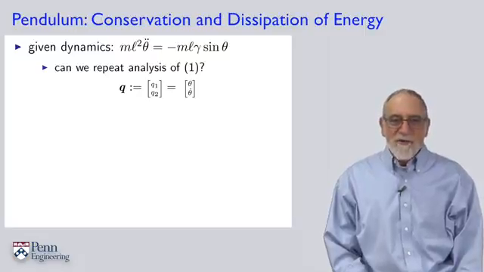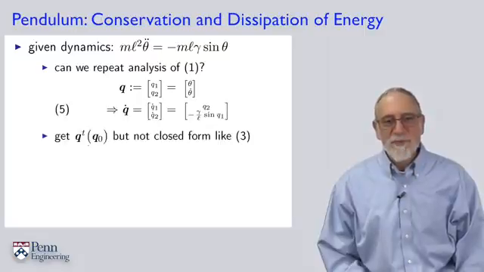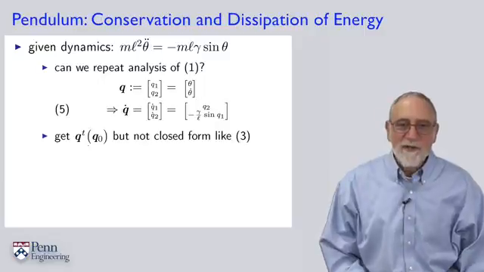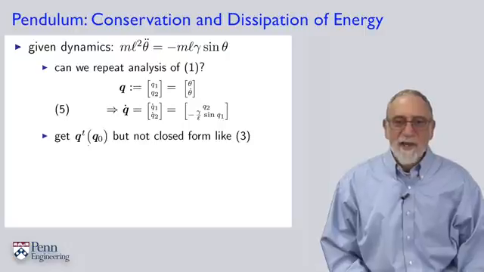We can write down a first-order differential equation in Q the same way that we wrote down the first-order differential equation in x in the previous segment. Namely, Q1 dot, d by dt of theta, is theta dot, which is just the second coordinate, Q2.